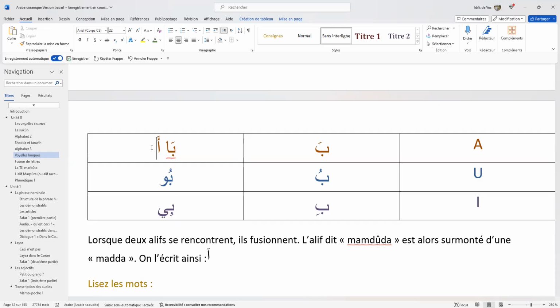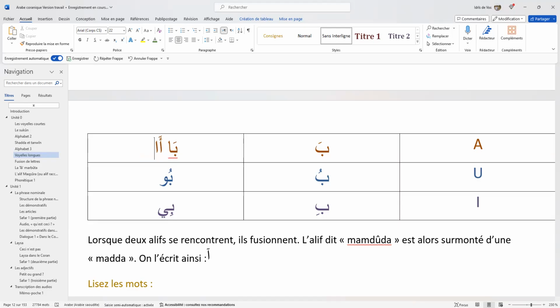Because, you'll remember, we saw that if you make an A on its own, or a vowel on its own, you put the alif, you put the hamza above it, and the vowel, and that makes a vowel on its own. Now I have an A, and I want to lengthen it, so in theory I should put an alif. And I end up with two alifs.